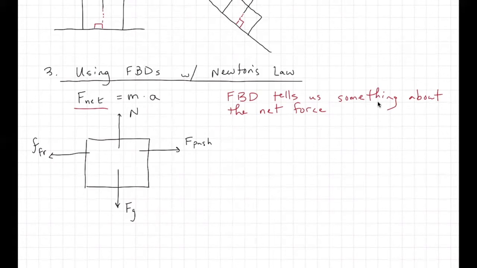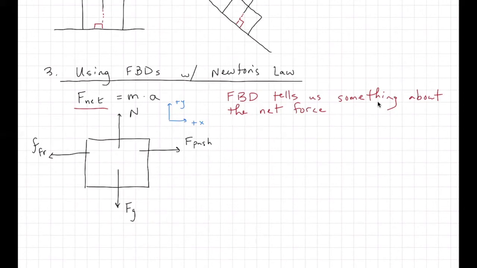So what we can do is establish a coordinate system, so let me establish that this way is positive x, and this way is positive y. Forces are vectors. Acceleration is a vector. And just like a vector, I can break down forces into coordinates. So when I'm writing net force equals ma, I'm really writing two things if it's a two-dimensional problem.